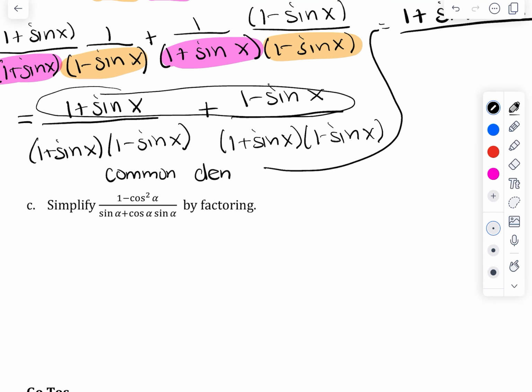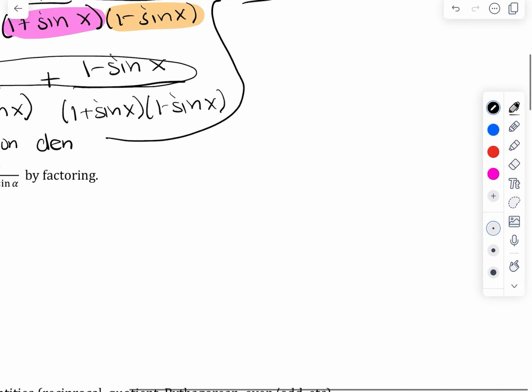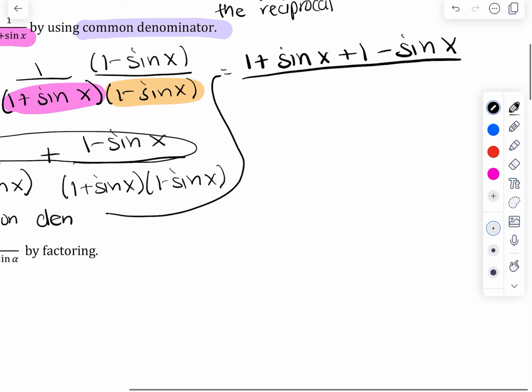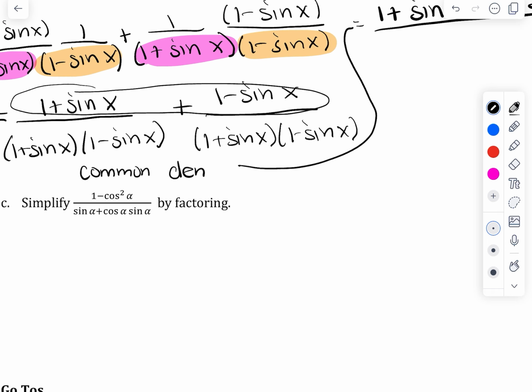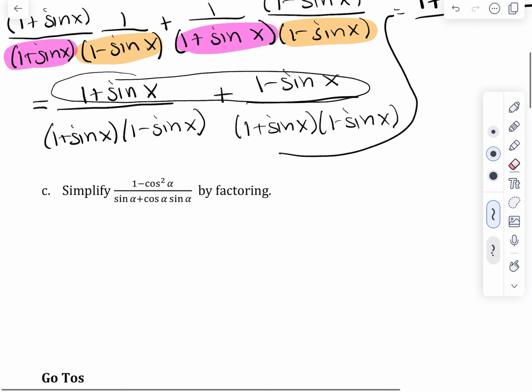So I'm going to multiply the purple and the pink together. I'm going to put it right down here to make it a little easier, and I'll move the common denominator. How you FOIL is you need to distribute twice.